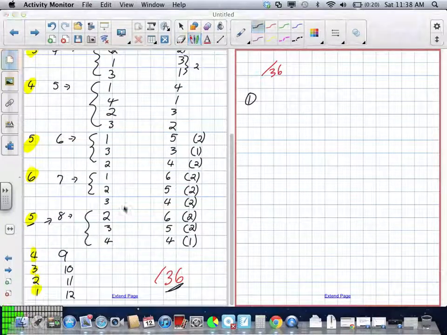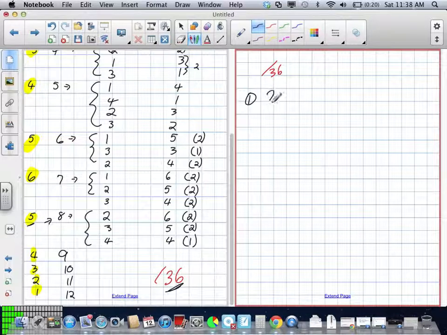There's 2. 2 out of what? 36. So 2 out of 36. What's the percentage chance? 5.5% chance that you're going to roll an 11.